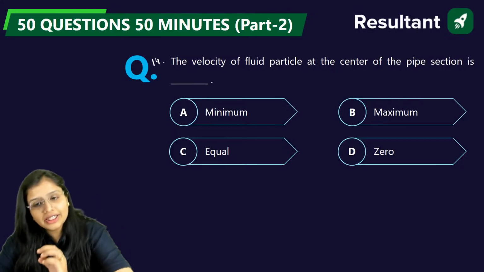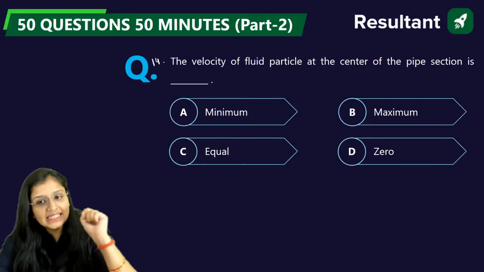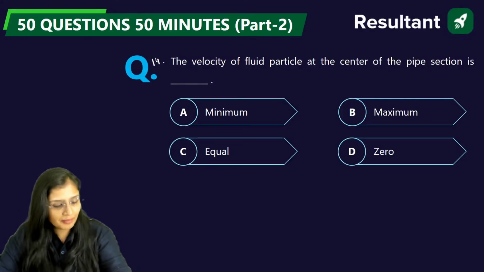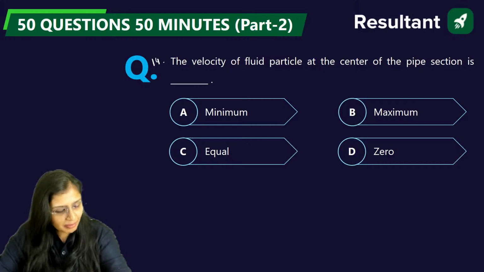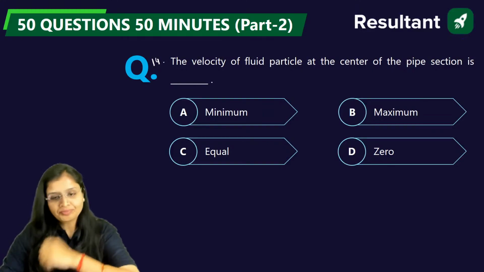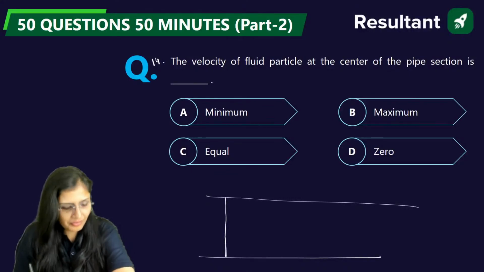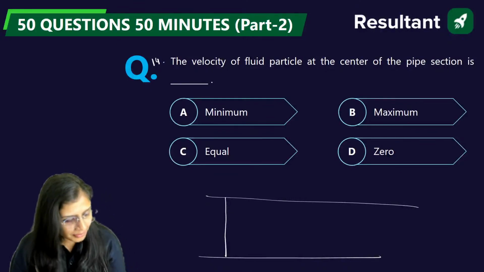The velocity of fluid particle at the center of the pipe section. What will it be at the center of the pipe section? Will it be maximum? Will it be minimum? I'm waiting for your answers first, then I'll say.